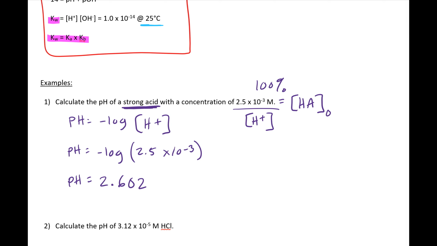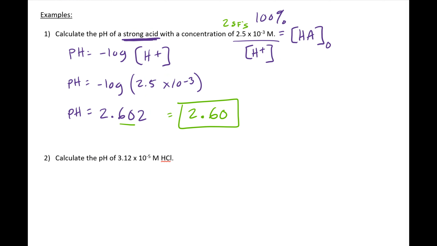Decimal places count as sig figs in pH values. So look at your original molarity. That's 2 sig figs. So that means I need to keep 2 decimal places in my pH calculation. So we're going to round to 2 decimal places. 2.60 is the pH.